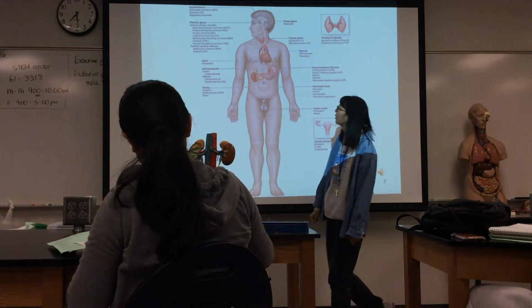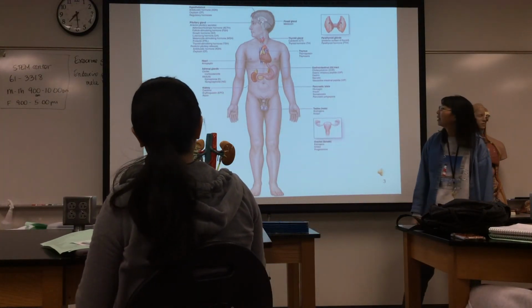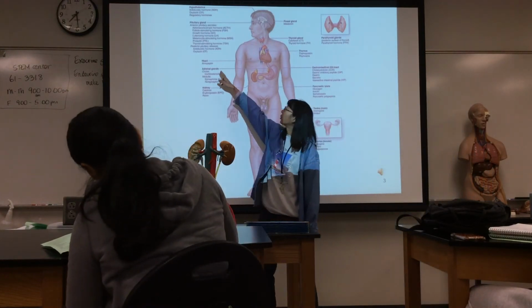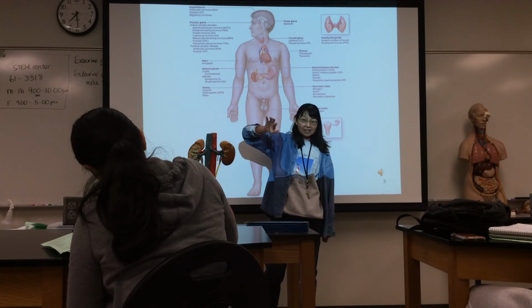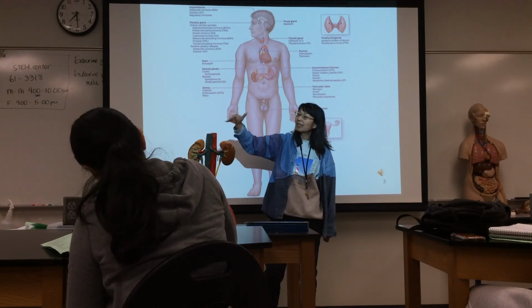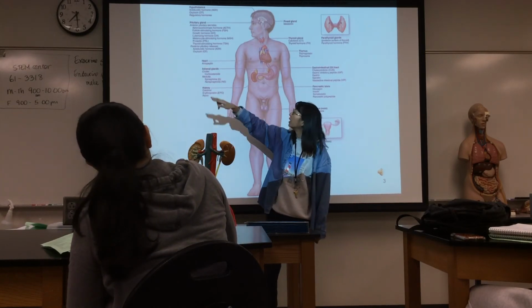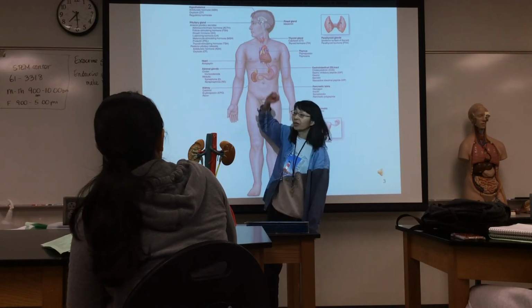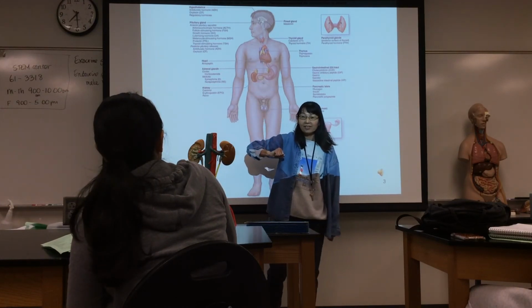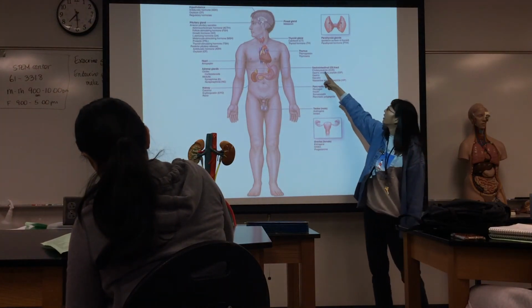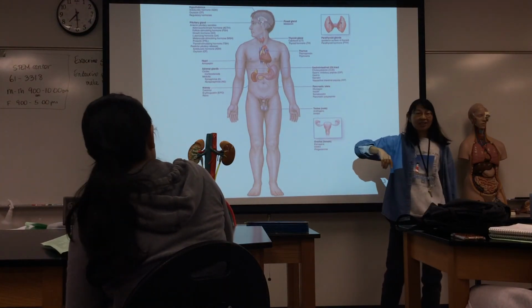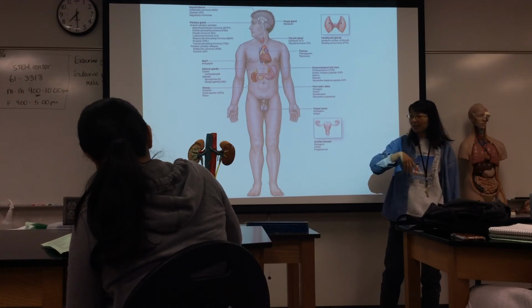What else? What else do you see up here? The heart. Heart, exactly. We talked about the heart a few weeks ago, and we know it pumps blood, right? That's the primary function of the heart. But today, in the endocrine chapter, the heart will make hormones for us as well. Okay. What else? GI tract. We talked about the GI tract last week, yes?